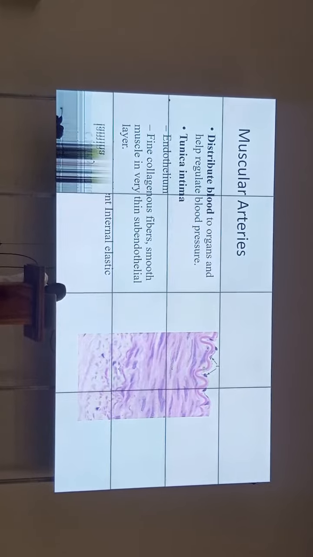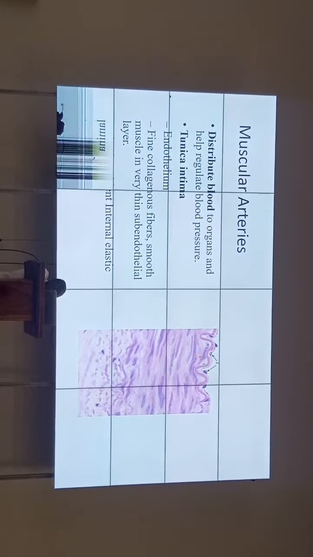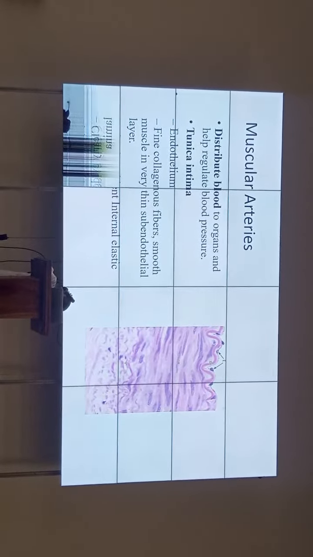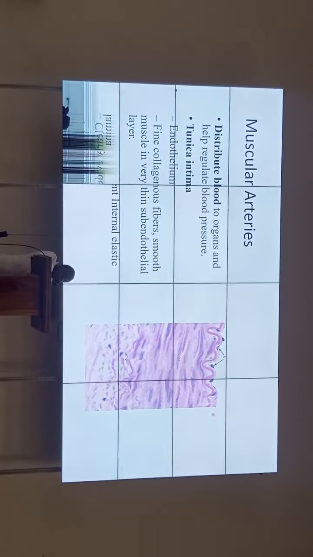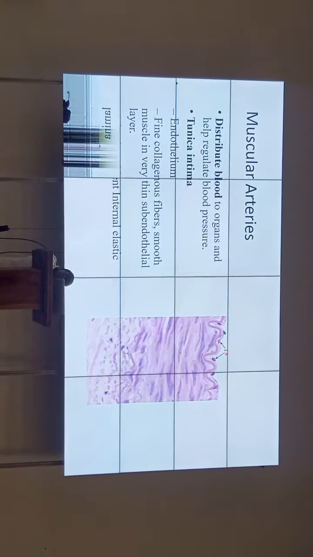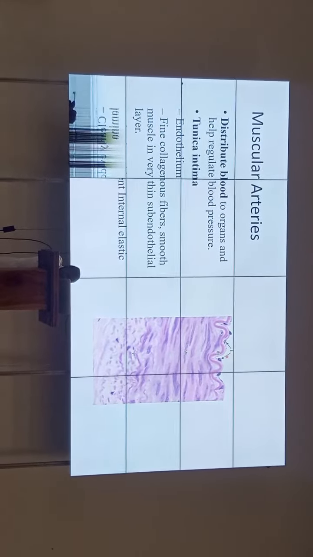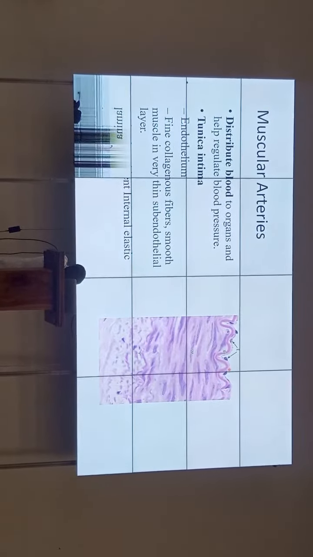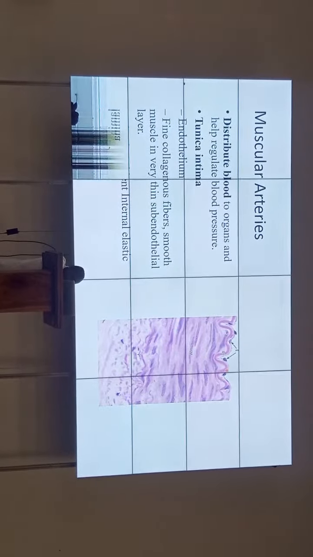So I have here part of the wall of the muscular artery. In this wall, can you see the cursor? Very good. Remember we talked about the tunica intima having an endothelium, isn't it? And that endothelium is made up of simple squamous epithelium.